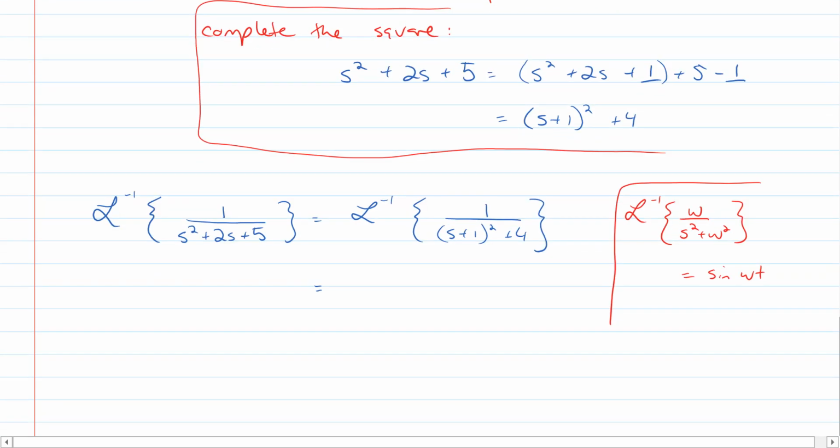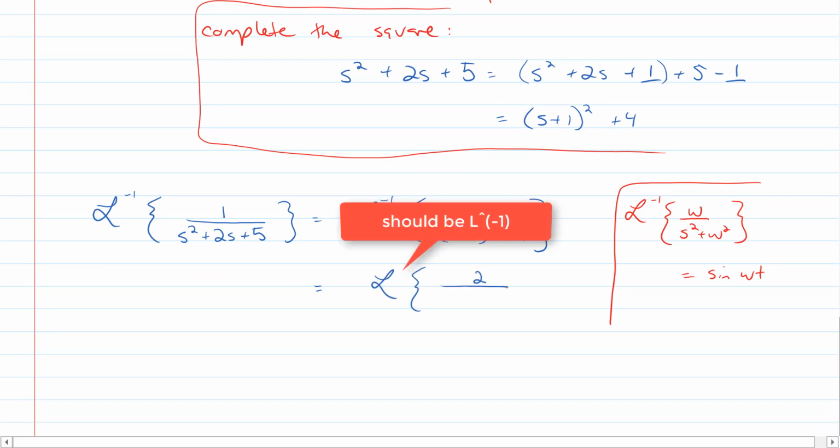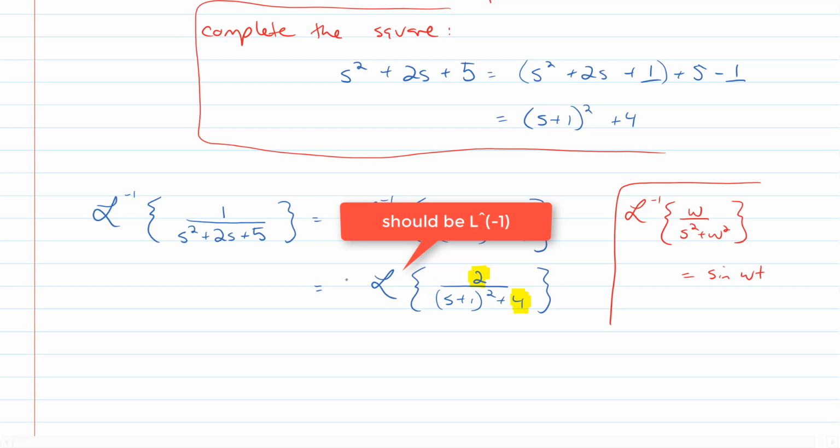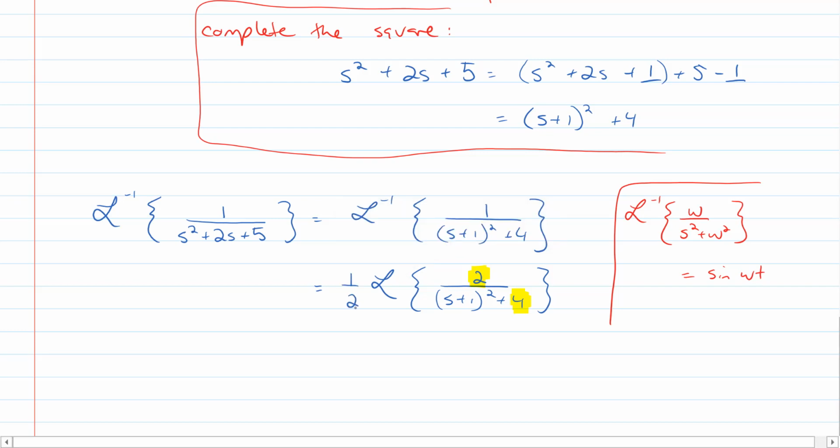And so what we really want is the inverse Laplace transform of 2 over (s plus 1) squared plus 4, so that the 4 in the denominator, which is omega squared, has a corresponding omega in the numerator, which means that we're going to have to multiply by a half out front, because a half times 2 gives us the 1 that we had initially.